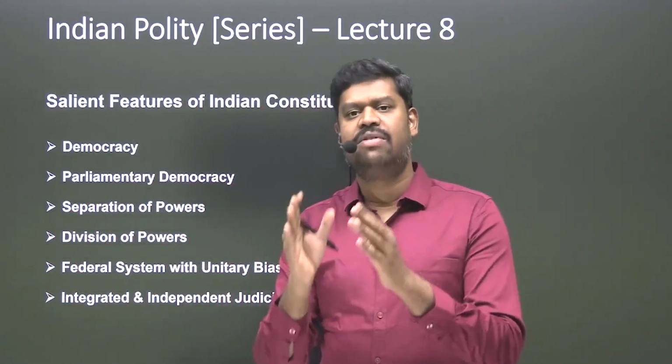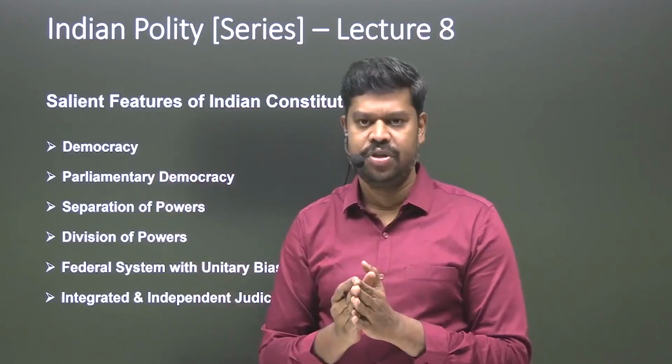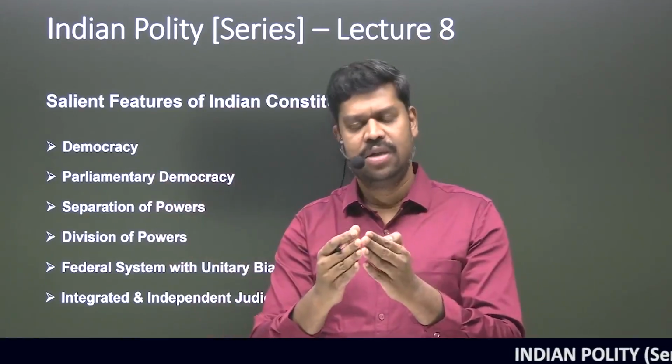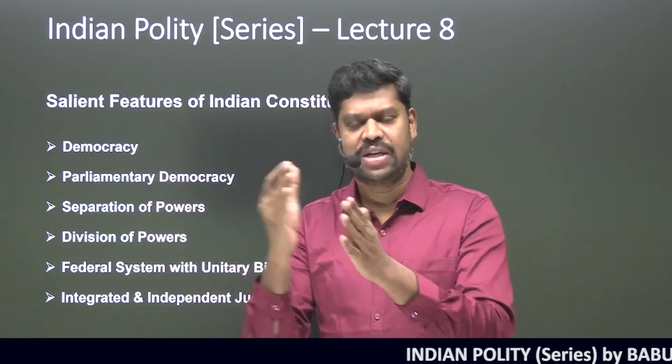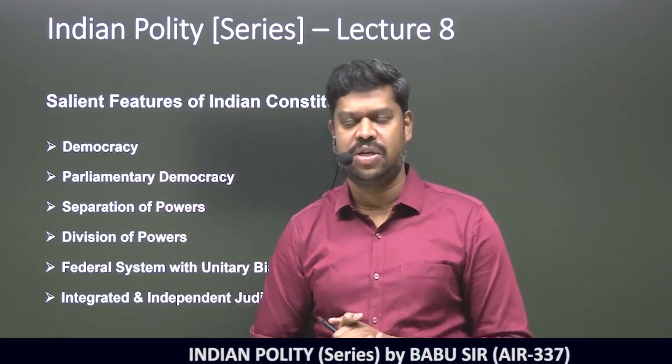Now, once the government is formed, it is not that the government can automatically continue for the next 5 years. Normally any government which is formed continues for 5 years because the term of the Lok Sabha is 5 years. As long as the term of the Lok Sabha is there, the government is likely to continue. This is the basic understanding.